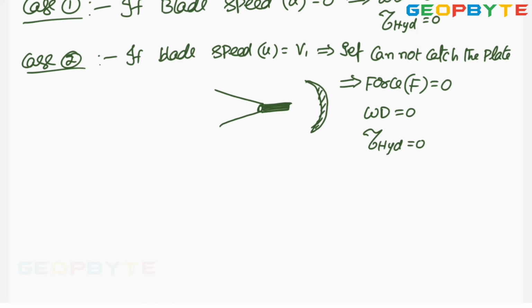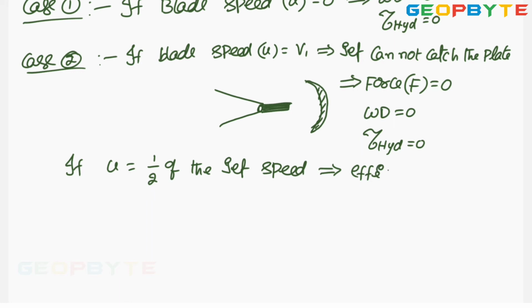Now if blade speed u equal to half of the jet speed, efficiency will be maximum, or work done is also maximum.